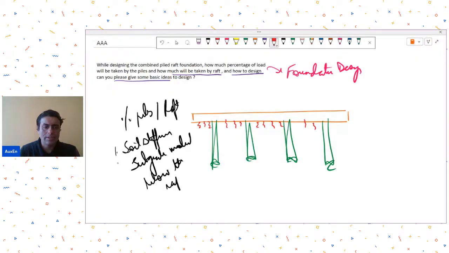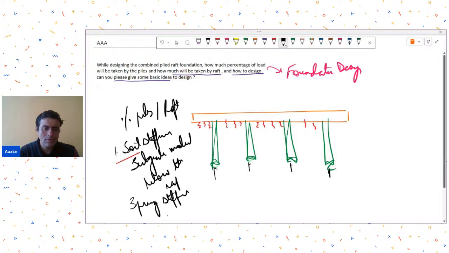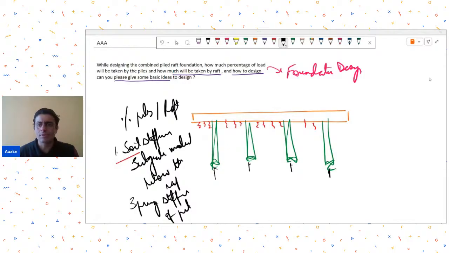So number one is that, compare it with the spring stiffness that is offered by piles. So spring stiffness of pile. This is also sort of a subgrade modulus, but we don't use the word subgrade modulus because we generally use the term subgrade modulus for areas, and over here it's a pile, so I'll use the word spring stiffness, let's say, or stiffness of pile.